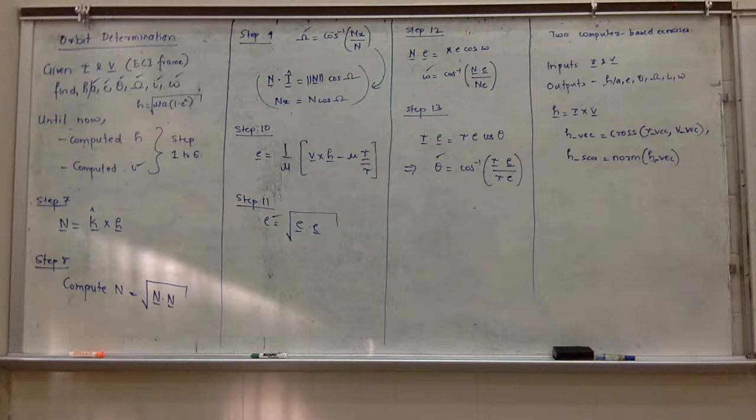One of the things many of you have done is I had asked you to give me a circular orbit. What is the characteristic of a circular orbit? When you draw it, what is the characteristic of a circular orbit?